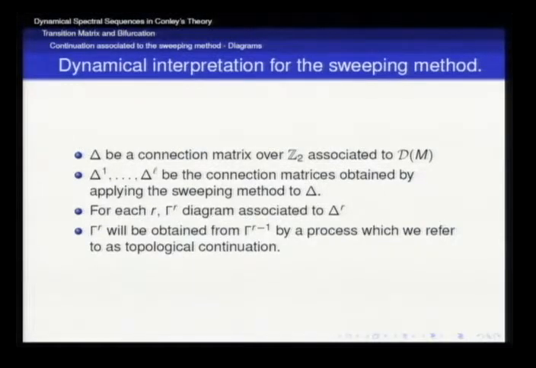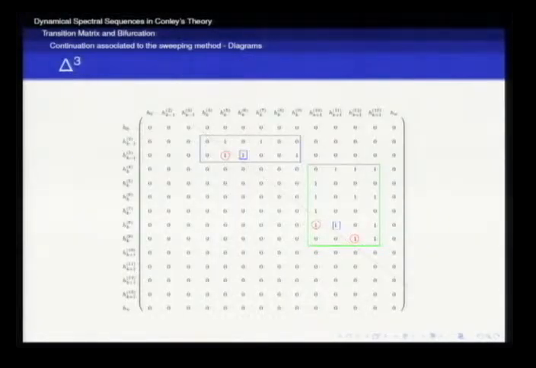We have these diagrams that you just saw, and each one will be obtained from the previous one through this process which we refer to as topological continuation, which is this bifurcation, intermediary bifurcation situation.